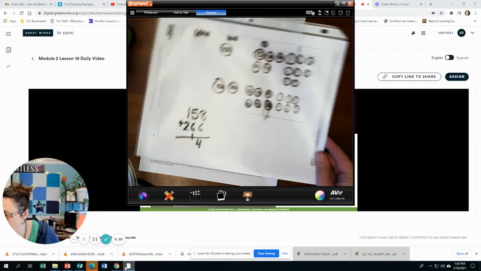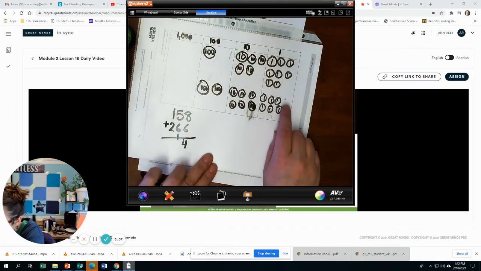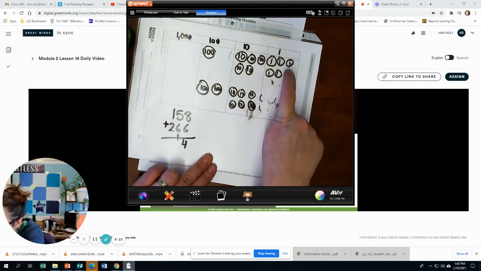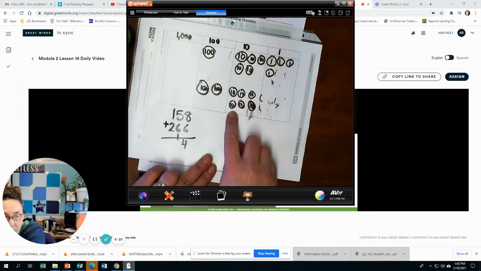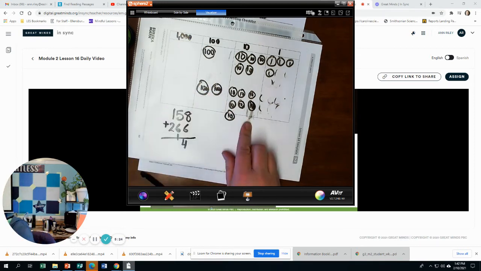So to do this with our dry erase boards, I'm just going to erase it with my finger and count to 10. 1, 2, 3, 4, 5, 6, 7, 8, 9, 10. And then I'm going to take that 10 and put it over here in my tens. So I have 1 ten to add.